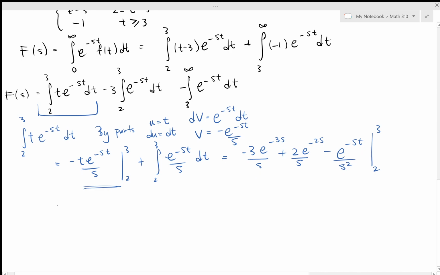I keep going. I get minus 3 e to the minus 3s over s plus 2 e to the minus 2s over s minus e to the minus 3s over s squared plus e to the minus 2s over s squared.